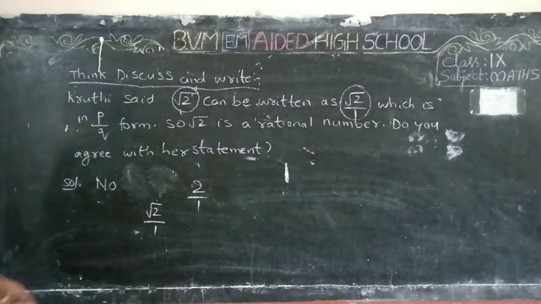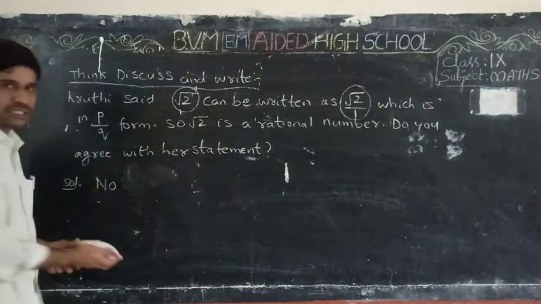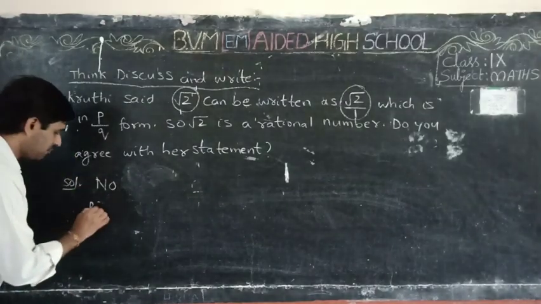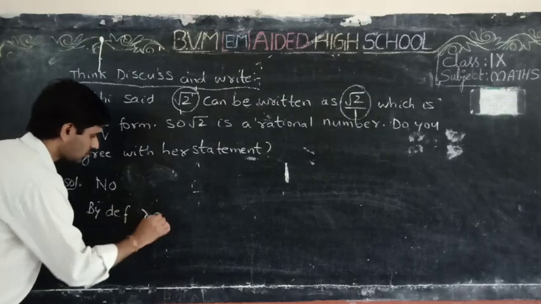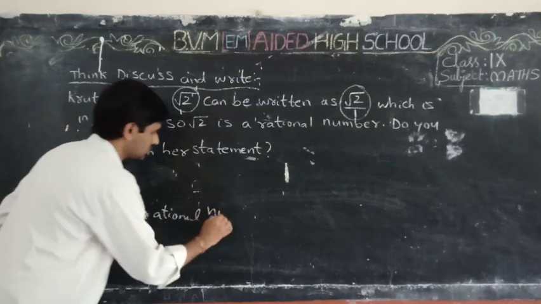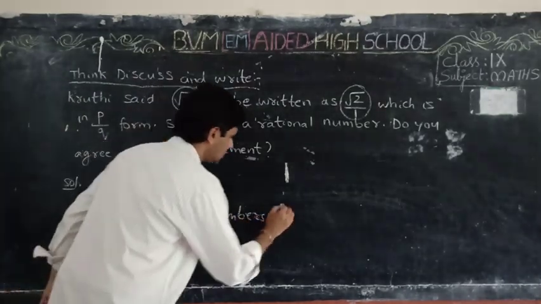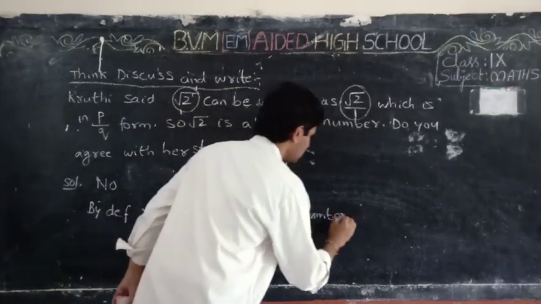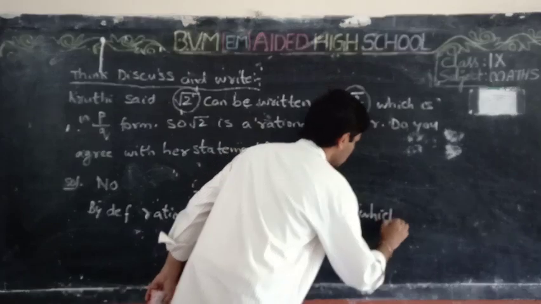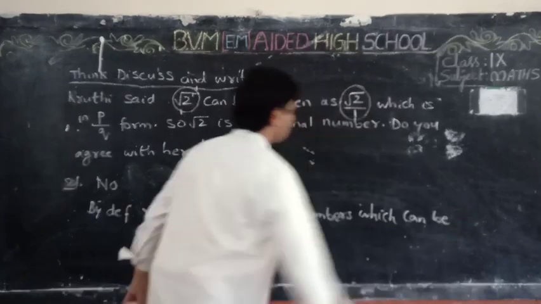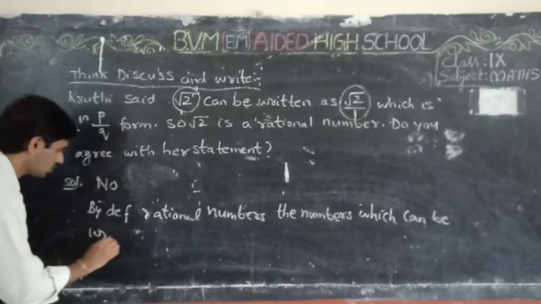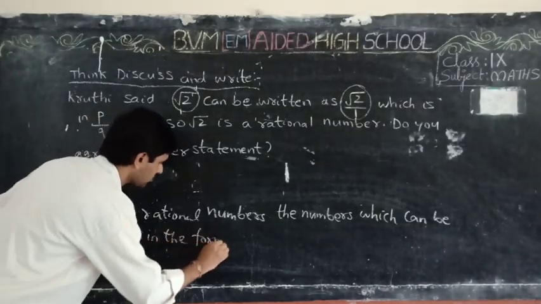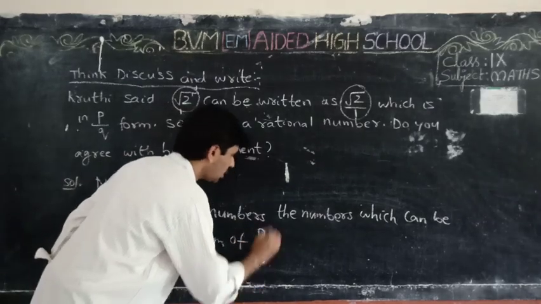But what is the definition of rational numbers? By the definition, the numbers which can be written or expressed in the form of p by q are rational numbers.